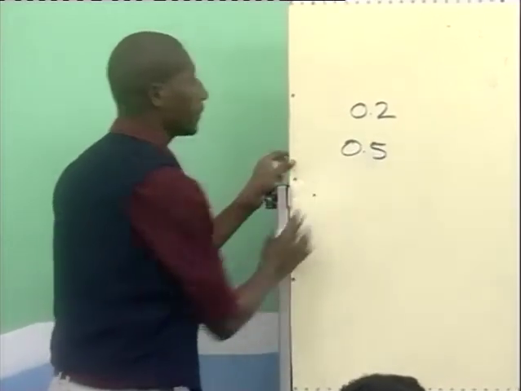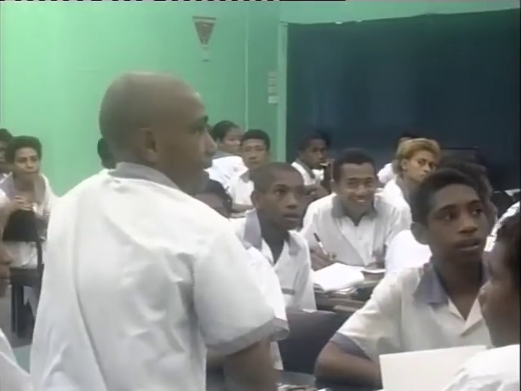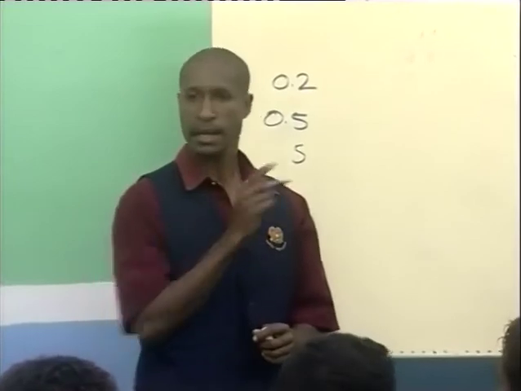Who's that? Christy? 0.5. Any more answers? Yes. Let's have our friend here. 5. Alan got 5. Okay, let's check the answer.